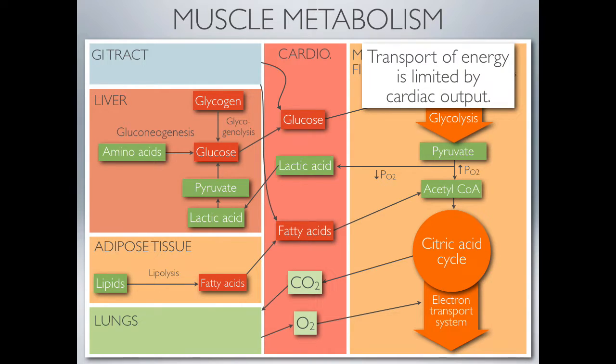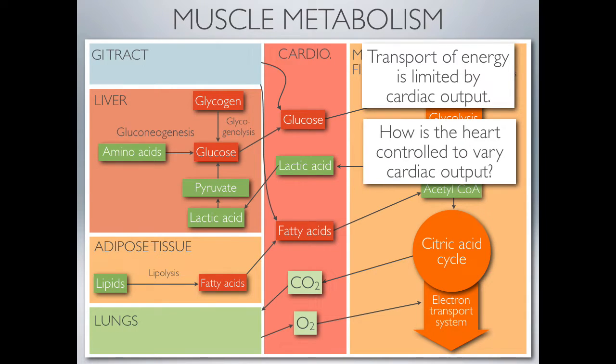Transport of energy as well as oxygen is limited by that cardiac output. Okay, if the cardiovascular system cannot keep up with your activity, then you cannot maintain that activity. So the question for this lecture is, how is the heart controlled to do this, to vary its cardiac output?